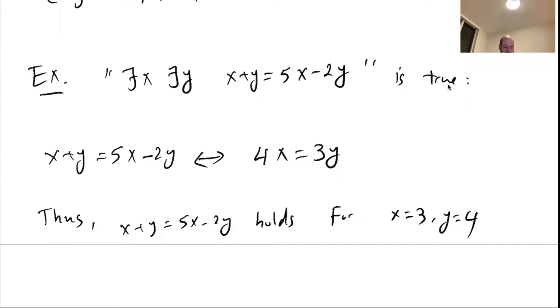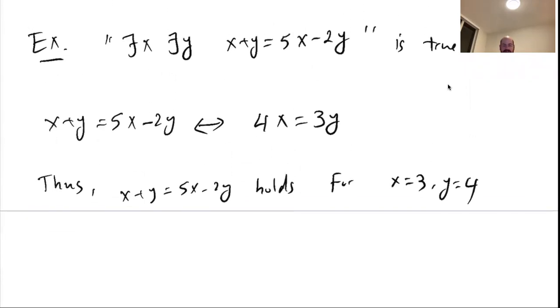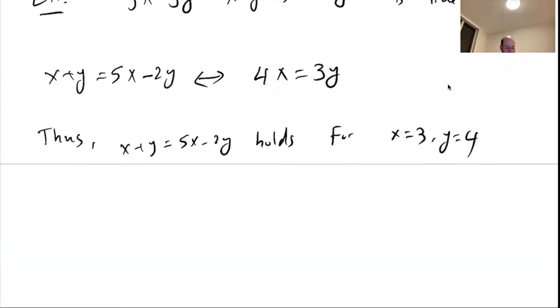And then the right-hand side will become 3 times 4, which is also 12. So I found one pair for which this holds. And then that means that this statement is true.